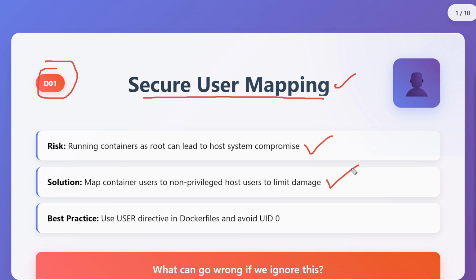Instead, we need to map the internal user in the container to a non-privileged user on the host. That internal user will be used for whatever commands we are executing within the container, not on the host.